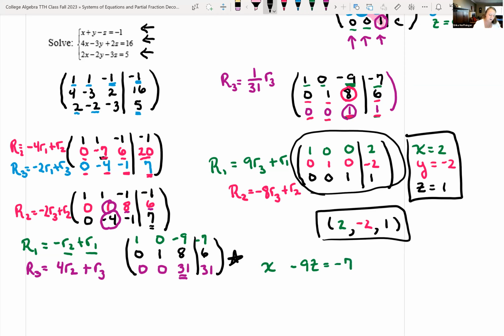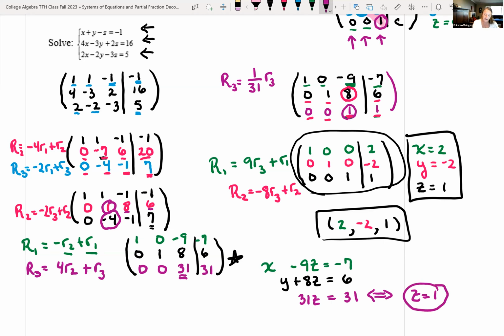That second row, 0x plus 1y, so y, plus 8z is equal to 6. And that third row, 0x plus 0y plus 31z is equal to 31. Notice here, we can easily figure out what z is by dividing both sides by 31. And so from here, divide both sides by 31, we get z is equal to 1.